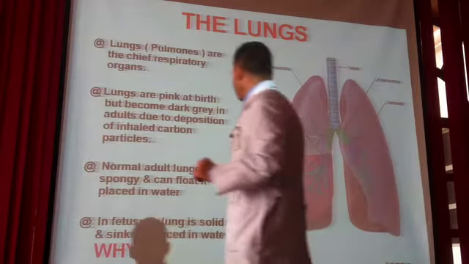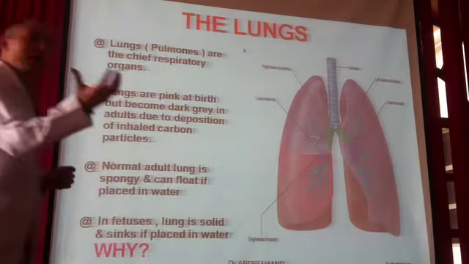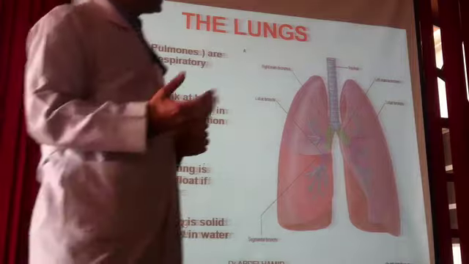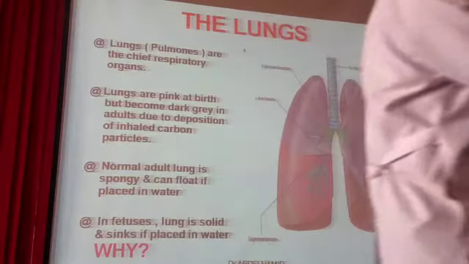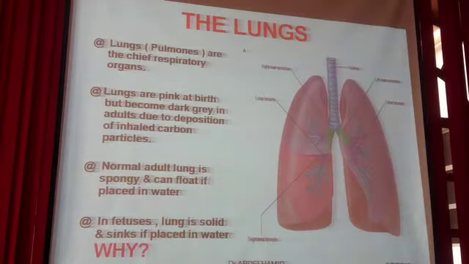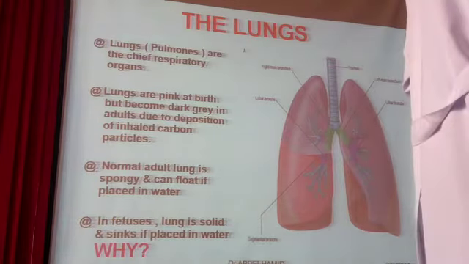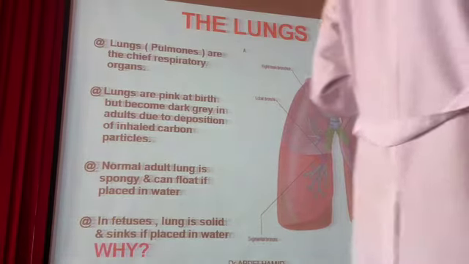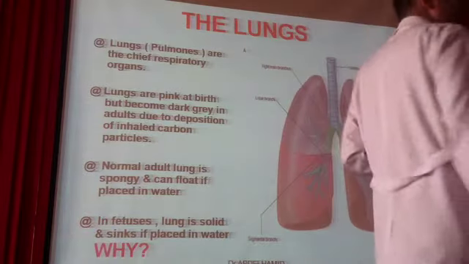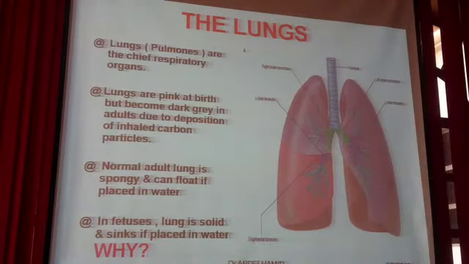Normal adult lung, if you can catch it, we will all hold it and feel it. What about its feeling? Spongy. And if you press on this spongy-like tissue, you will see air coming outside. But in the fetus, what is fetus?